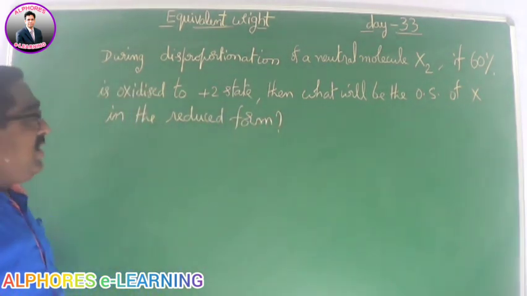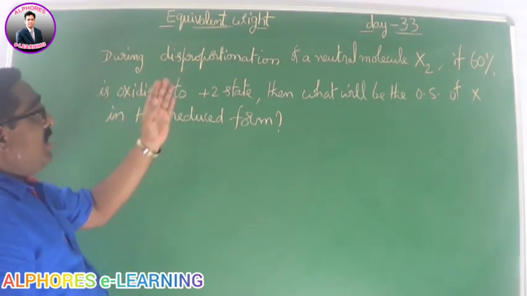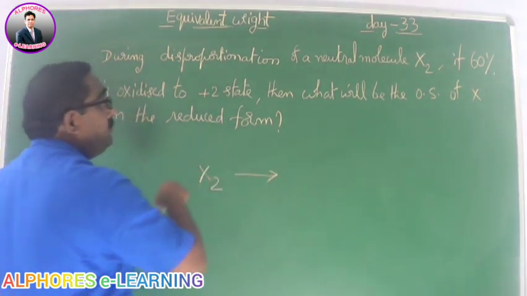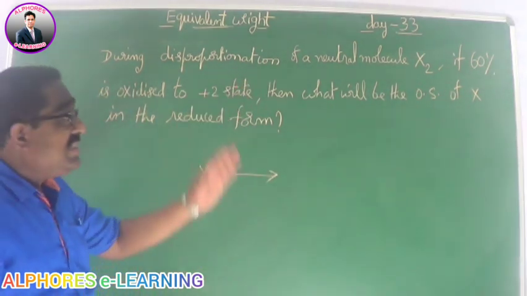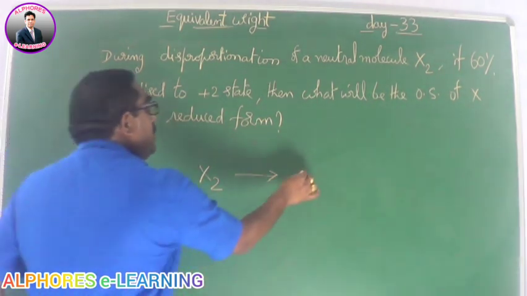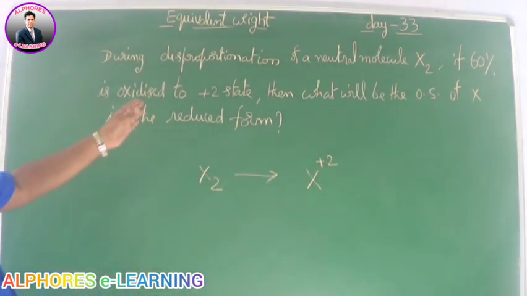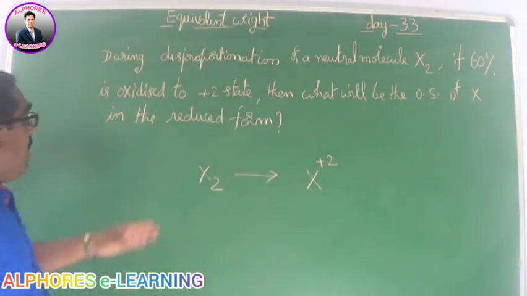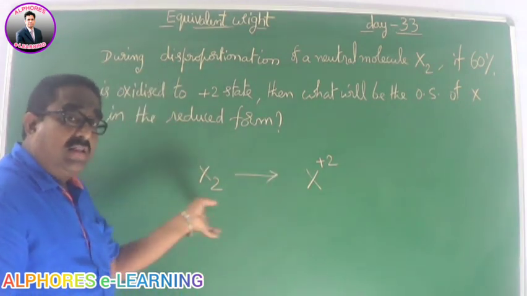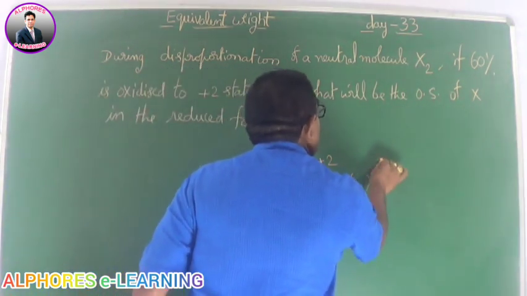Once again I am repeating, students: during disproportionation of a neutral molecule X2, if 60% is oxidized to +2 state, it means I can write X+2. Then what will be the oxidation state of X in the reduced form? One should oxidize, the other should reduce. So here I am simply writing Xn.